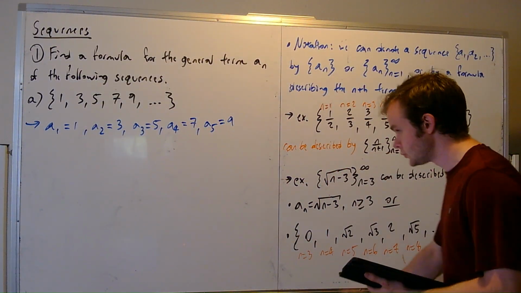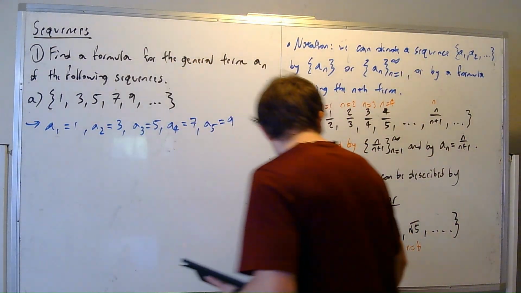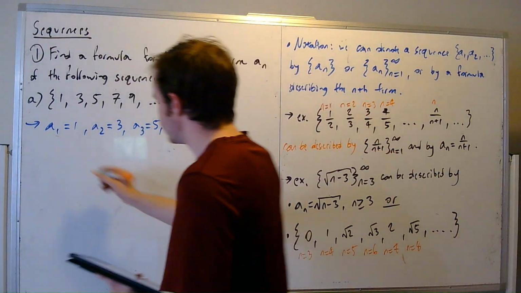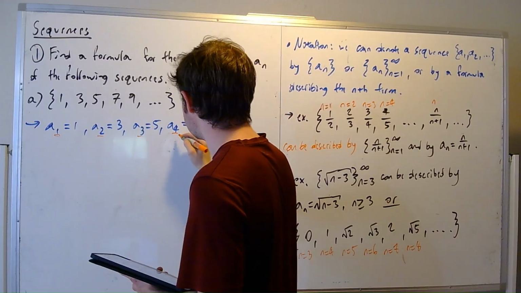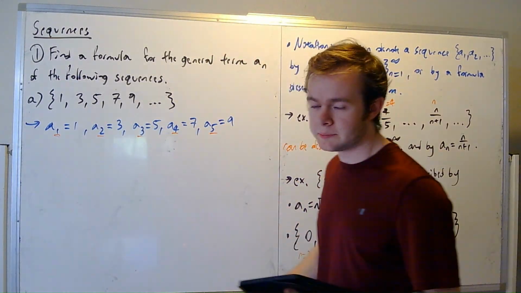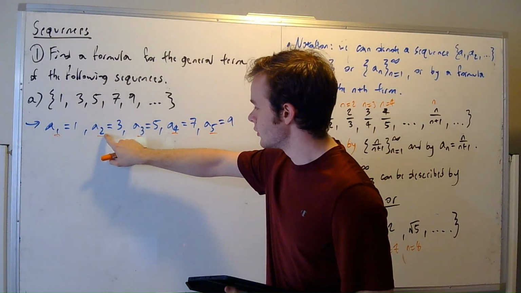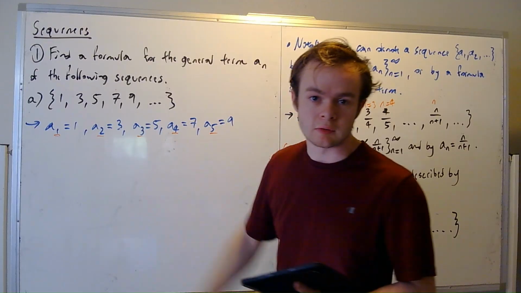And we need to look at these subscripts. This corresponds to which term it is, which entry. So this is the first term, second term, and so on. We need to look at how the subscripts relate to the actual numbers in the sequence.